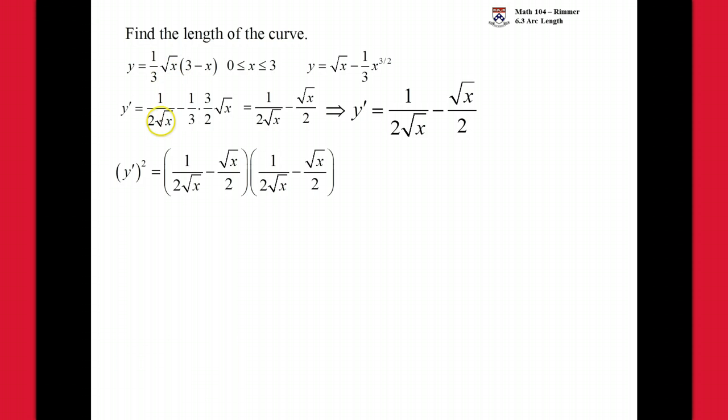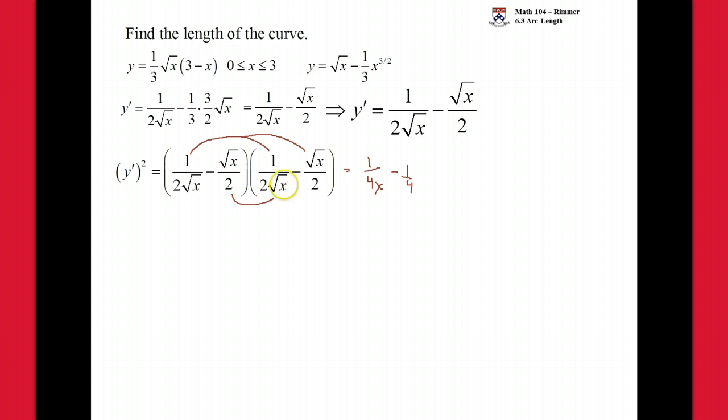Well, what about the first? 1/2 root x times 1/2 root x is 1/4 x. Okay, the outer. 1/2 root x times root x over 2. The root x is canceled. And you get negative 1/4. You get the same thing here.